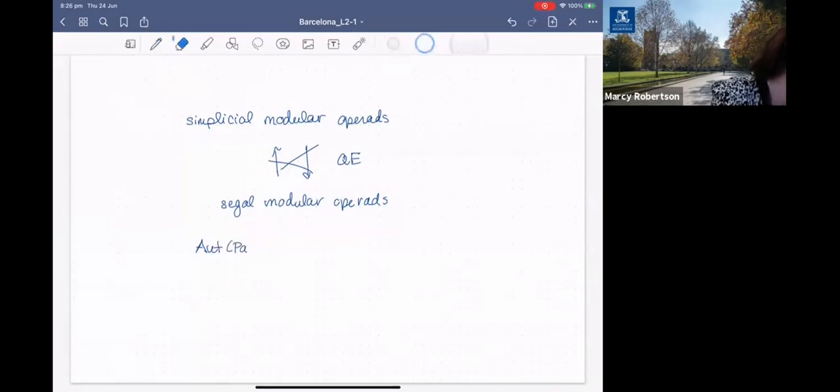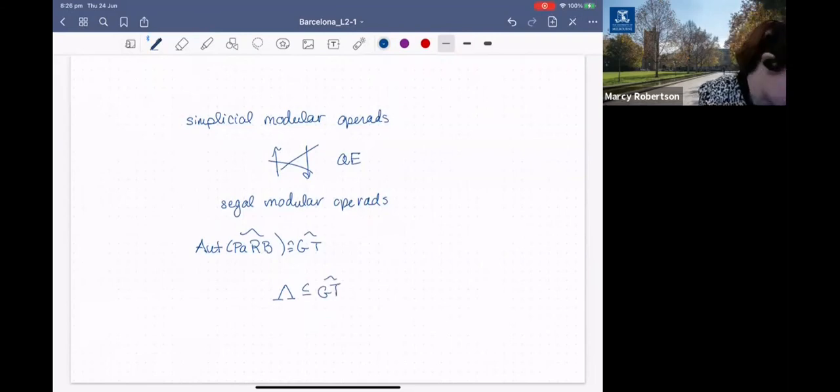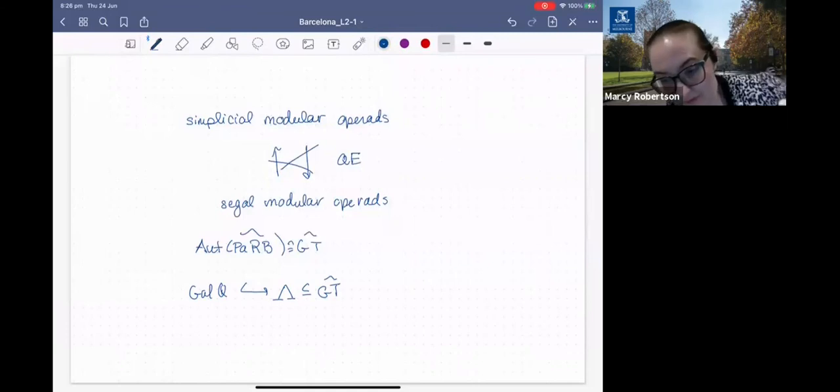There's the Grothendieck-Teichmüller group here with Pedro and Geoffroy. But tomorrow I'll talk to you about groups related to the Grothendieck-Teichmüller group. One is a group by Nakamura and Schneps called Lambda. It's a subgroup of GT hat. So it's a big profinite group. And it still contains the absolute Galois group of Q. And nobody knows if this is a proper subgroup.